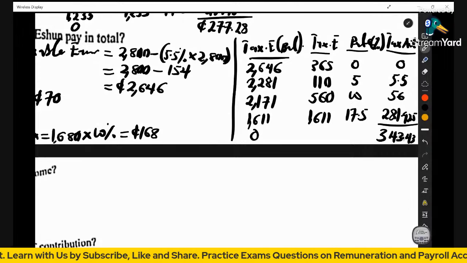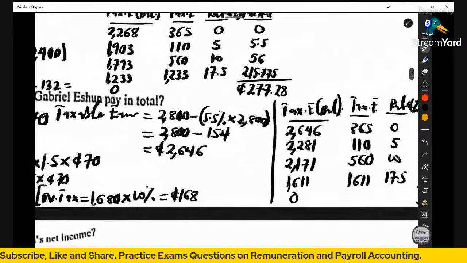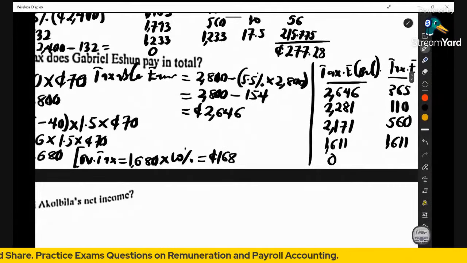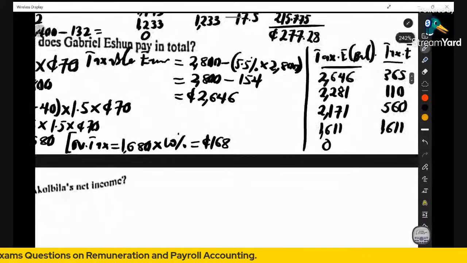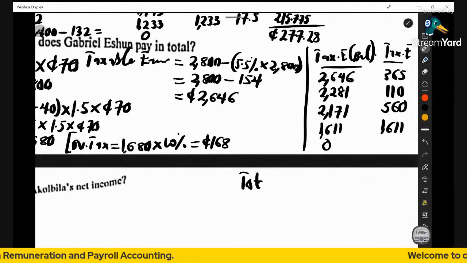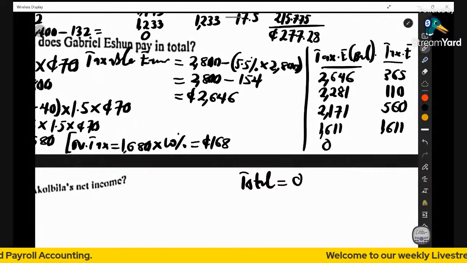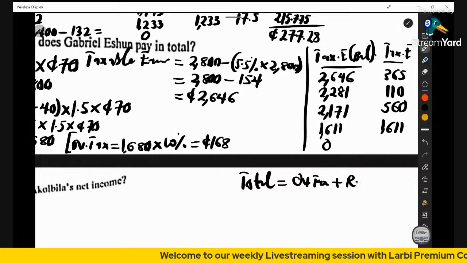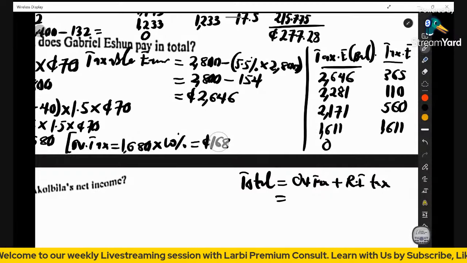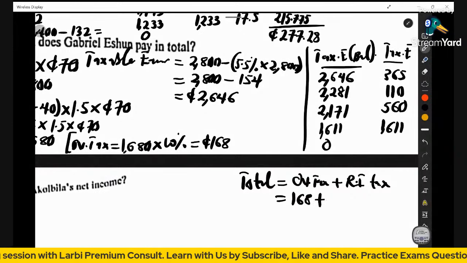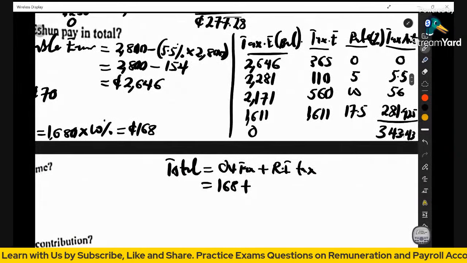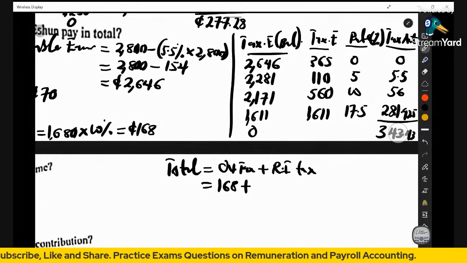Once you're able to get the regular income tax for Ishon, we'll say the total tax that Ishon will pay should be equal to the overtime tax plus the regular income tax. We had the overtime tax to be 168 here, plus the regular income tax to be 343.43.